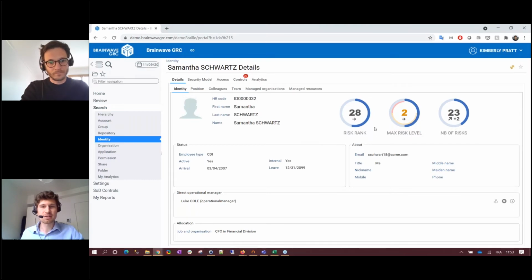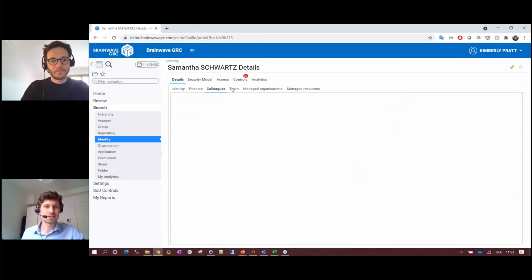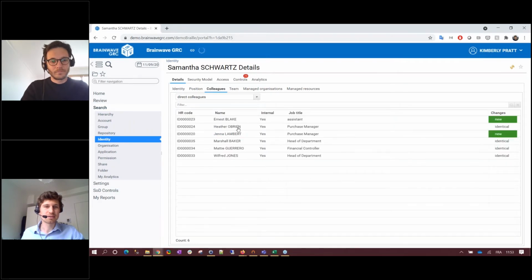We have some risk level and risk rank on the right side as well, but let's speak about that later. And in terms of the context, everything related to HR and the information we are consolidating, we can check the context of this user.